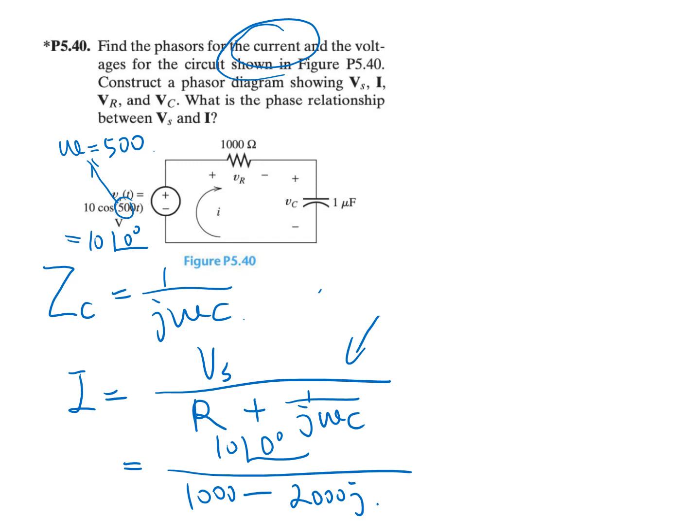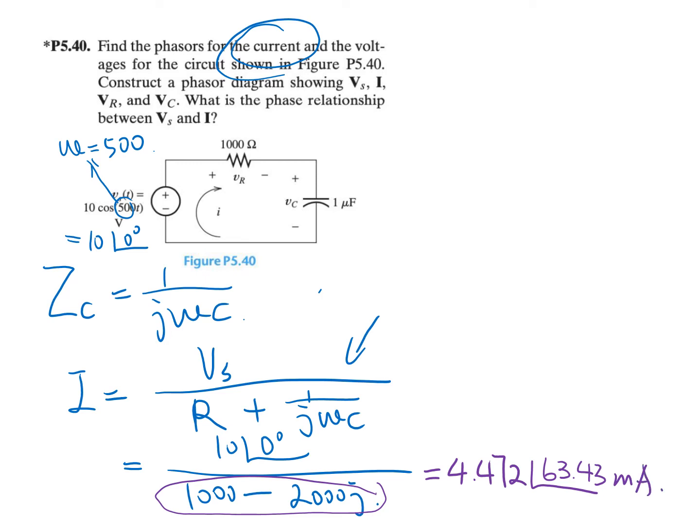And to simplify this expression to a single term, we need to convert the denominator into its polar form, and it would be easy to do the simplification, and what you will get is 4.472 at an angle of 63.43 milliamp.